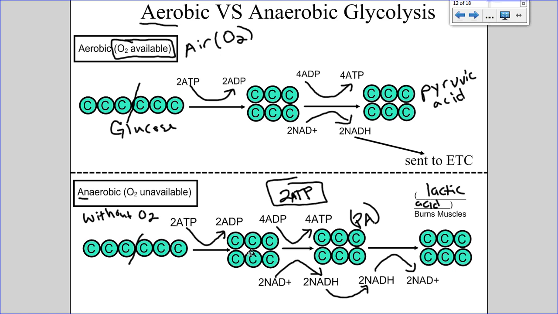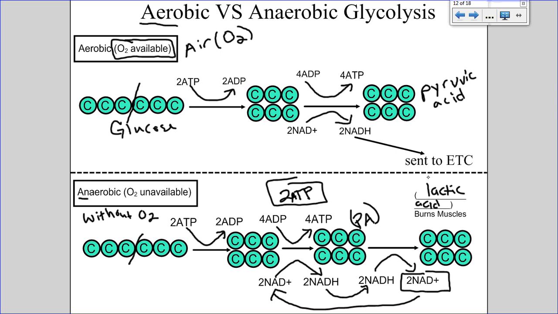By doing that, you replenish your NAD plus store, which can then be reused over here, because the electron transport chain is not working, and therefore you can't use NADH if you do not convert pyruvic acid into lactic acid.